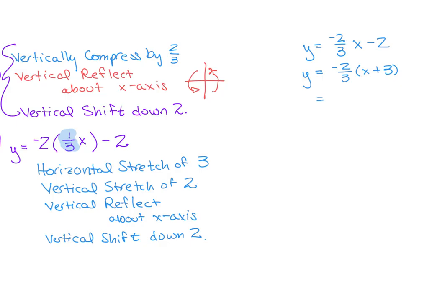I'm also going to separate this, and I'm going to put my negative inside. No, I'm not. Let's just leave it like this, mostly because I think it's going to hurt my head if I try to do any more.